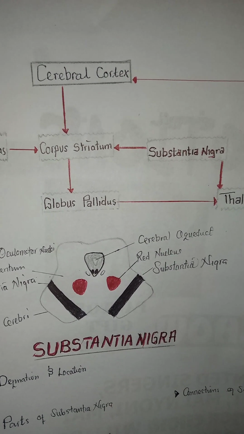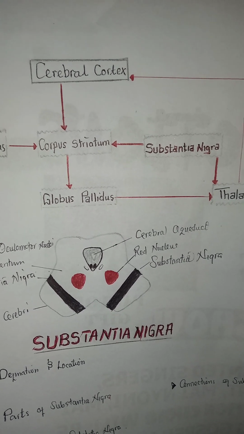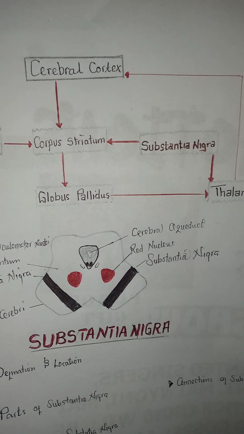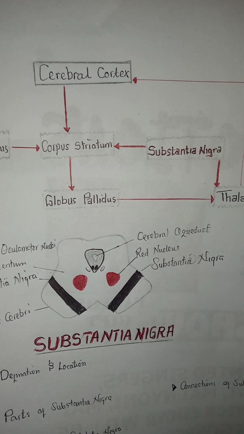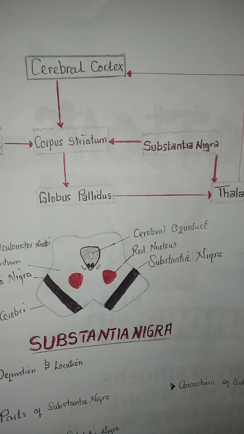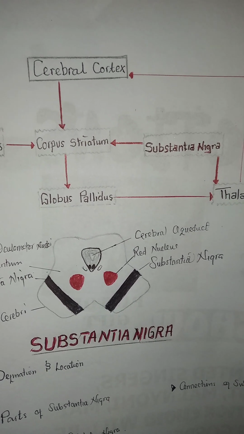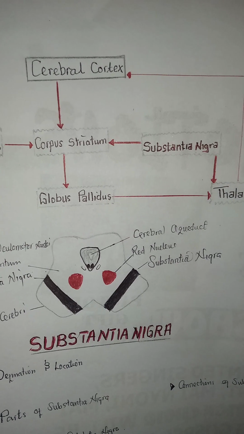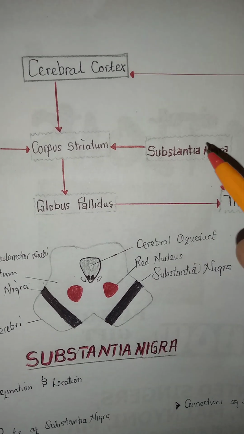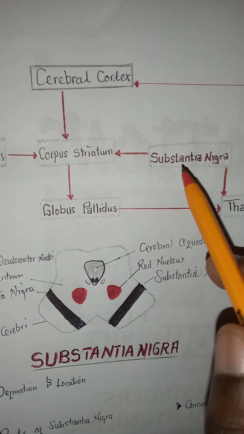For its activity to be initiated, it relies on input from the cerebral cortex, as well as the thalamus, the substantia nigra and the red nucleus. We are going to concentrate on the substantia nigra.